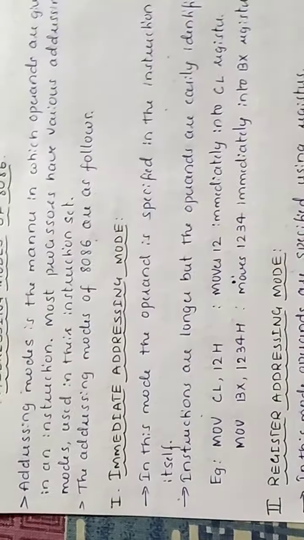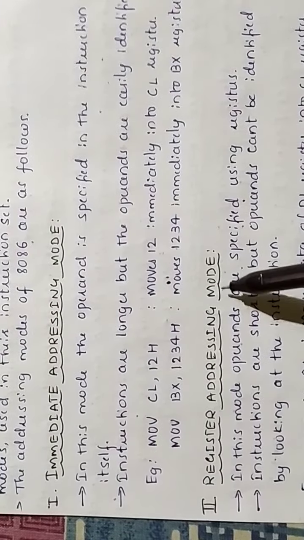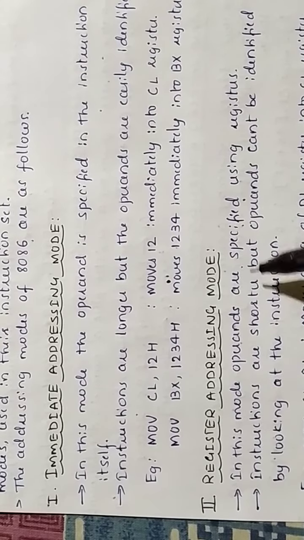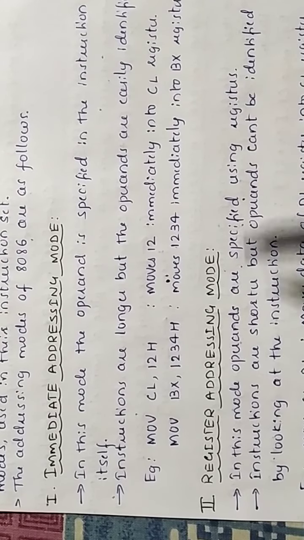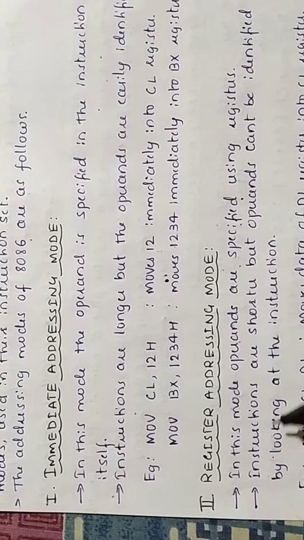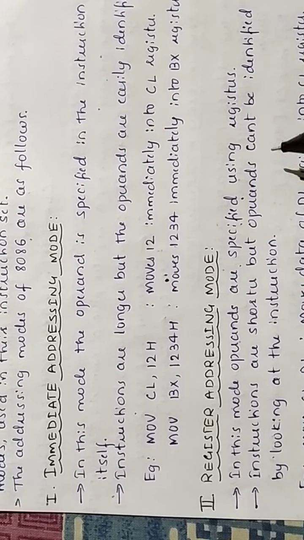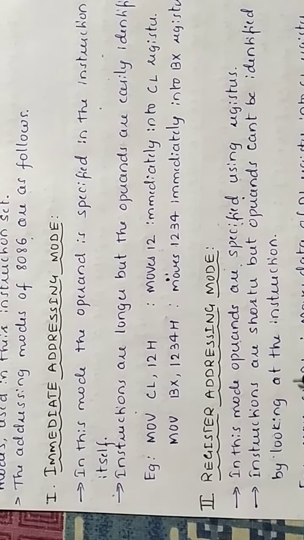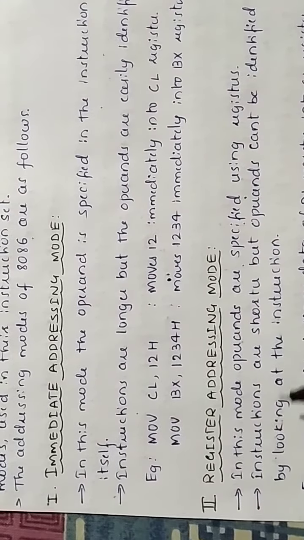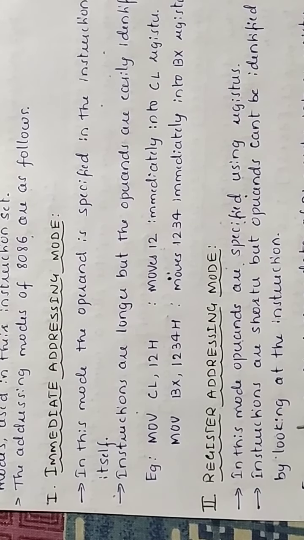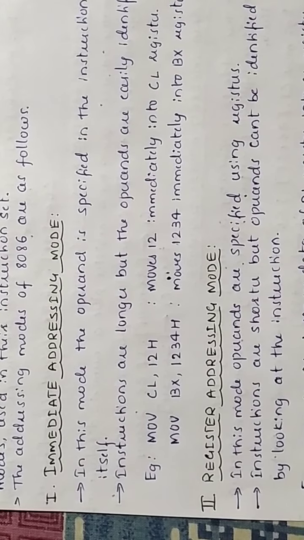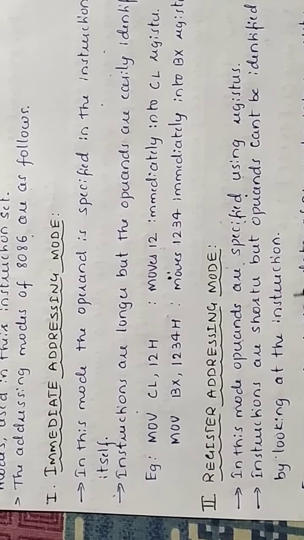Then the second one is register addressing mode. In this mode, the operands are specified using registers. Instructions are shorter, but the operands can't be identified by looking at the instruction, because the data is moved from one register to another register.